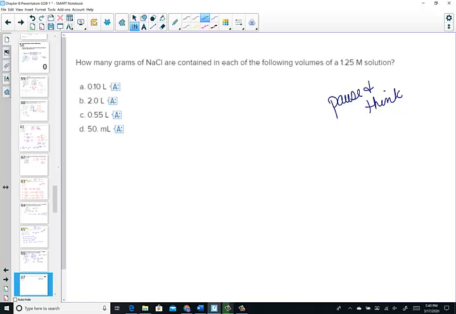Okay, how'd you do? Well, here's our strategy. We know that molarity times liter gives us moles. And then we know moles times molar mass is going to give us our gram. And so we have a 2-step story problem. Step A, 1.25 molar times 0.1 liter. Now that's 1.25 times 0.1, and that's 0.125 moles. Step 1, we solve for moles.